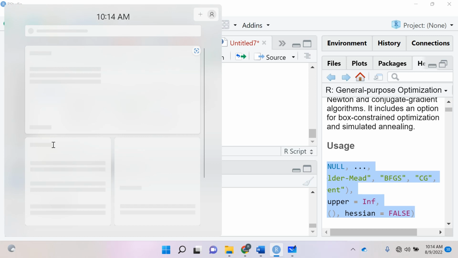Okay, so now what I'm going to do is another example, using the normal distribution.